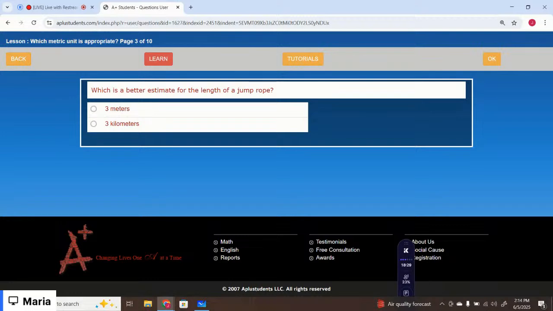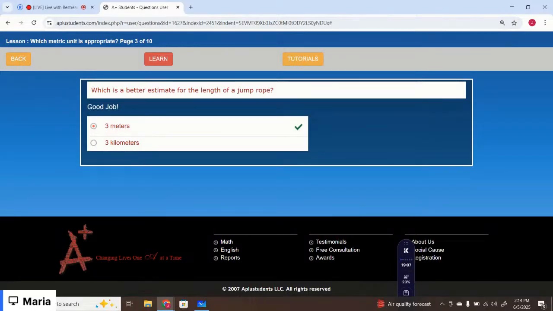Which is a better estimate for the length of a jump rope? Which is the correct option? A jump rope would be 3 meters because 3 kilometers is too long for the rope.